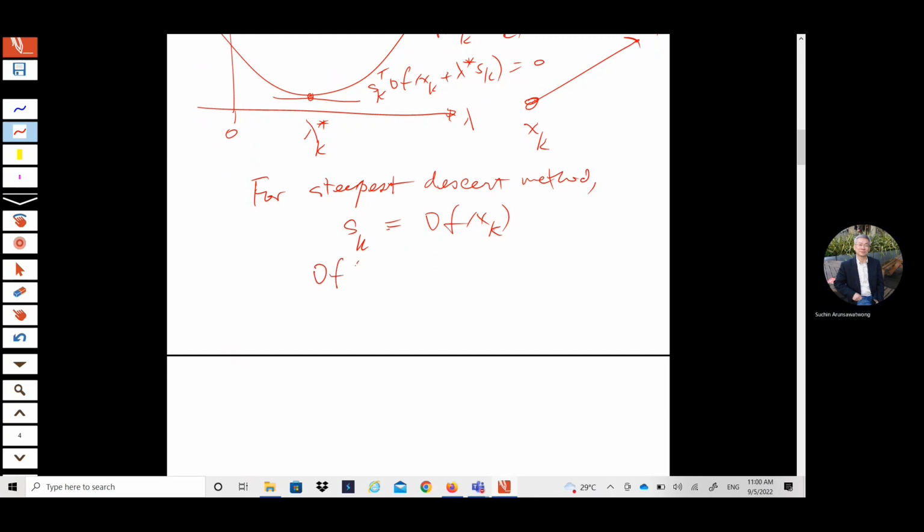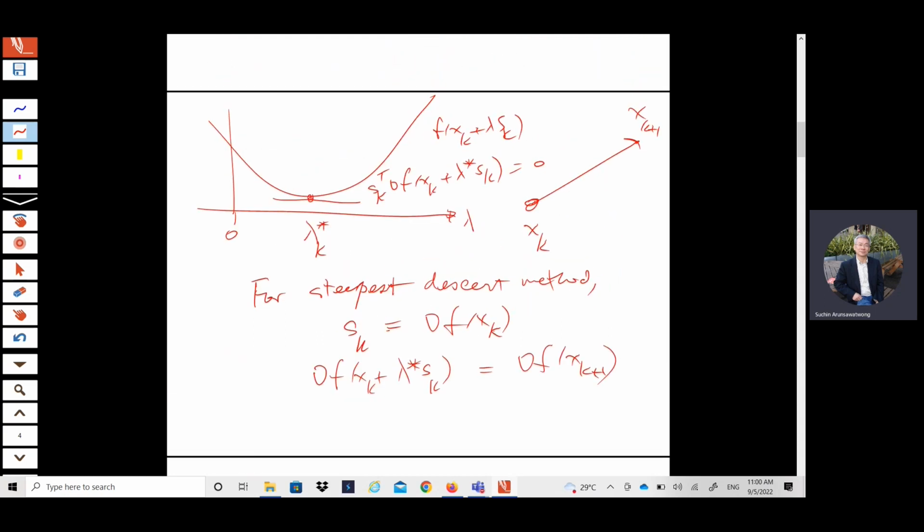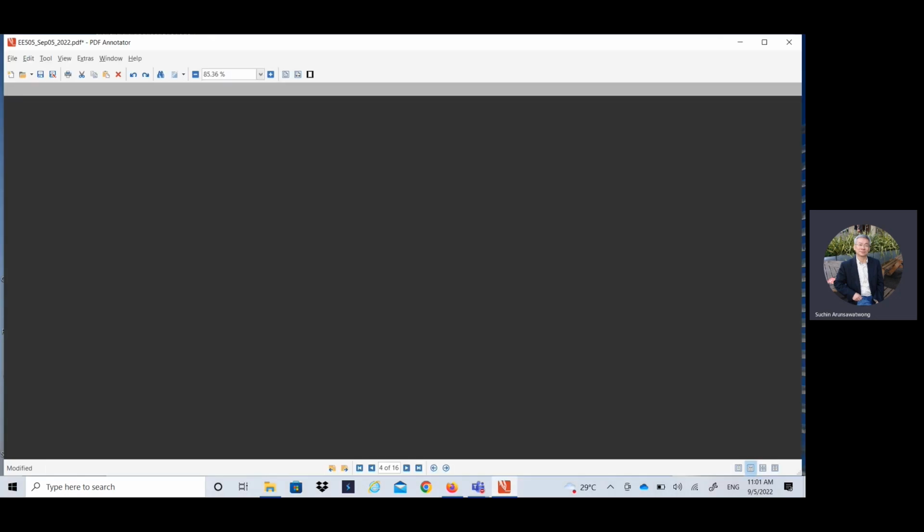And xk plus lambda star sk is xk plus 1, so that is grad f xk plus 1. So you can see that the grad f xk plus 1 is orthogonal to the gradient at the point xk. The gradient of f xk is orthogonal to that at xk plus 1. Okay, so that's the end of the proof.